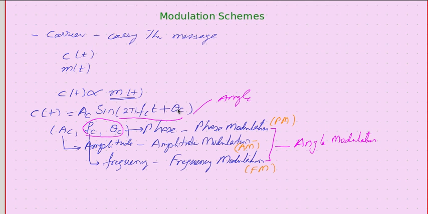When phase is varied, it appears as if frequency is also varied, because there is some relation between these two, because both of them are finally going to decide the angle. The most commonly used modulation schemes are amplitude modulation and frequency modulation when it comes to analog signals. When it comes to digital signals, this plays a major role.